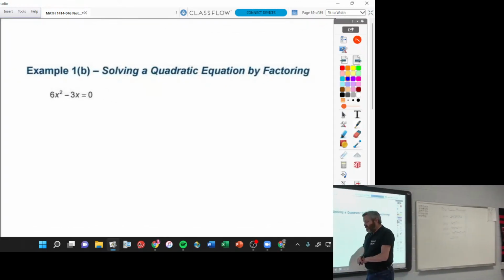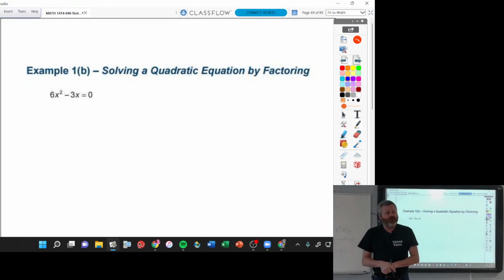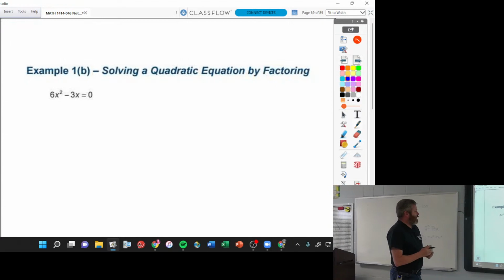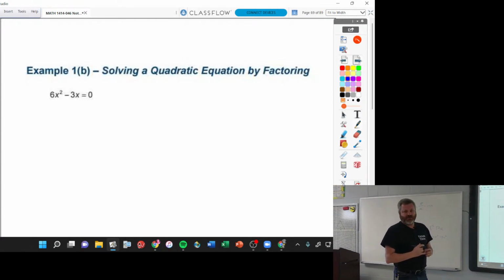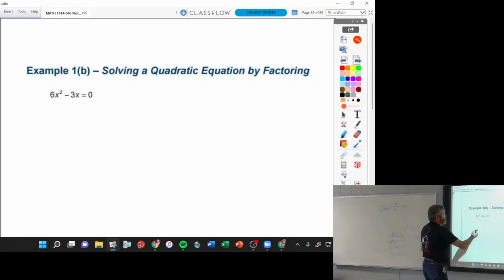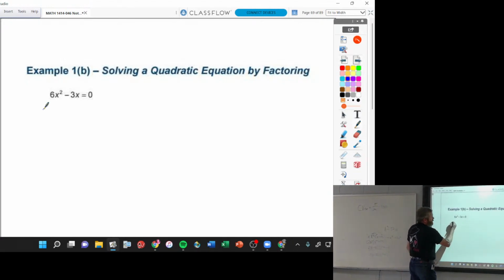Solve this one by factoring. First of all, it's already in general form. So I've got 6x squared minus 3x equals 0. Don't forget that the very first step to factoring is always look for a common factor. In this case, I don't have a constant, so I can, in fact, factor out at least the x. But in this case, I'm going to factor out a 3x.